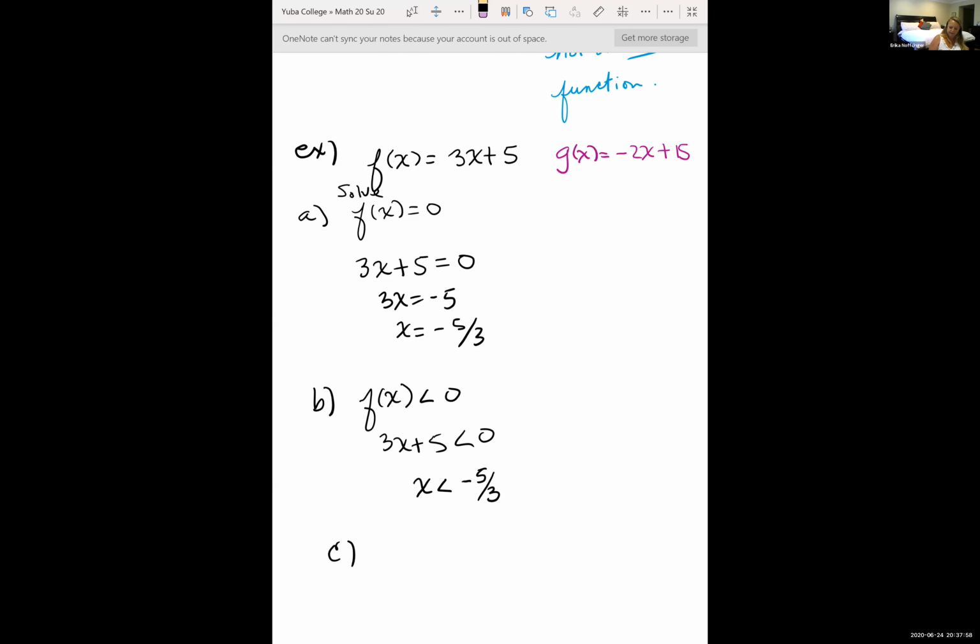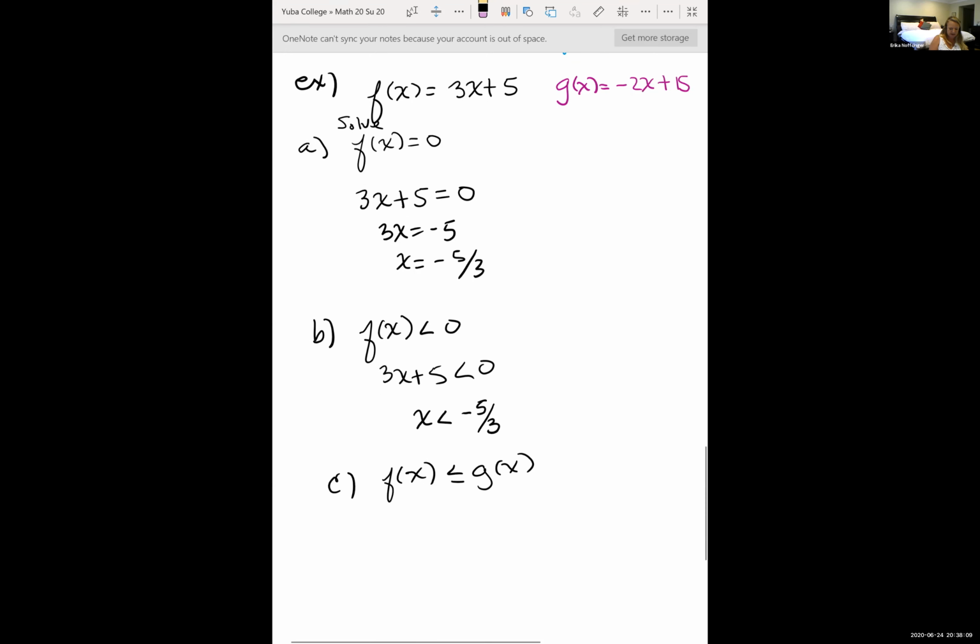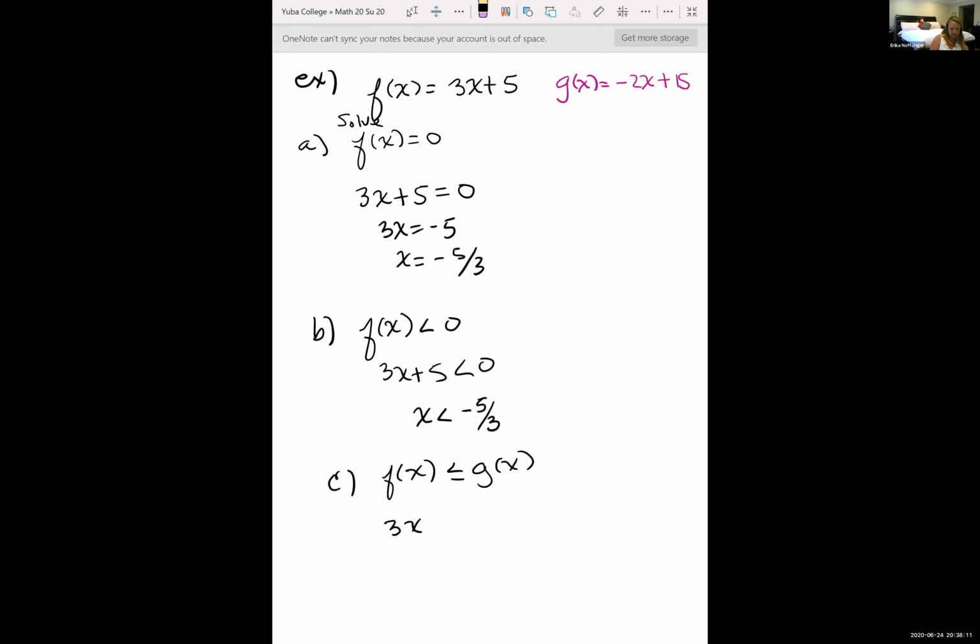How about when is f of x less than or equal to g of x? So f of x is our equation 3x plus 5. Our lights are like totally flickering. Is less than or equal to g of x, which is negative 2x plus 15.